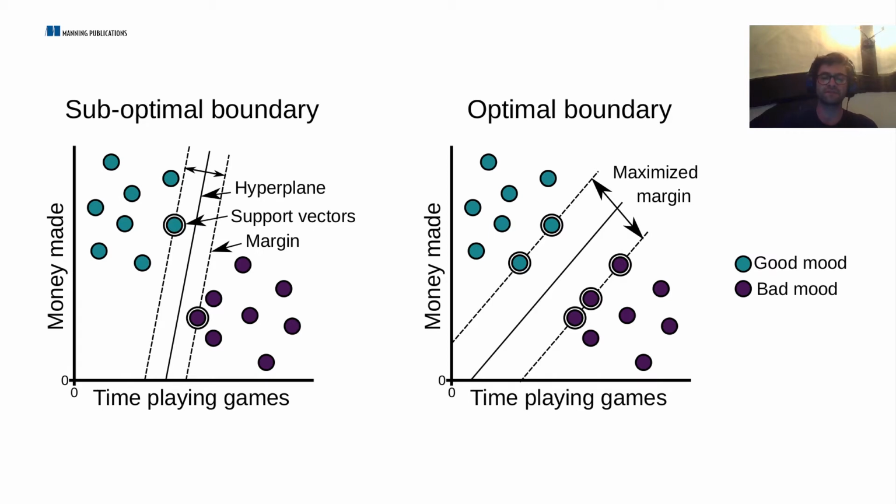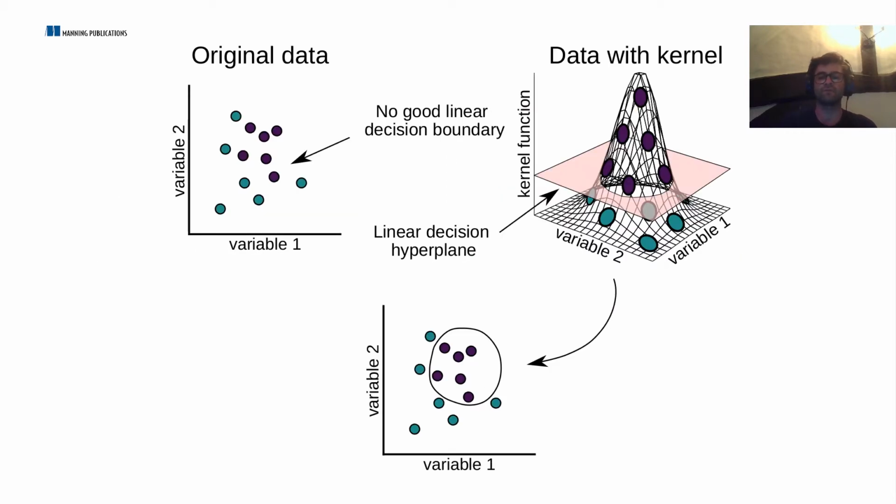But support vector machines are one of a set of techniques called kernel methods. Support vector machines can add an additional dimension to your feature space, using a kernel function, that helps you to separate your different classes.